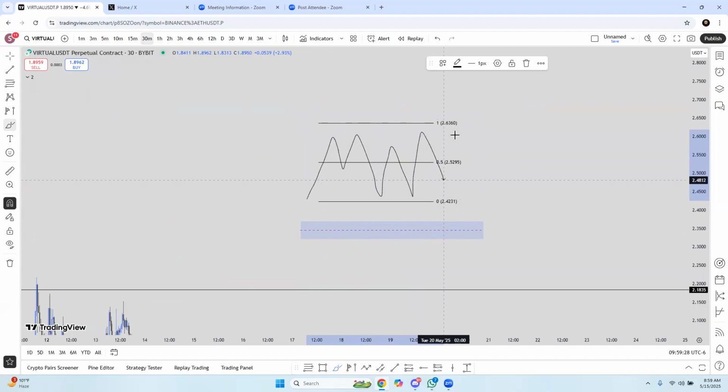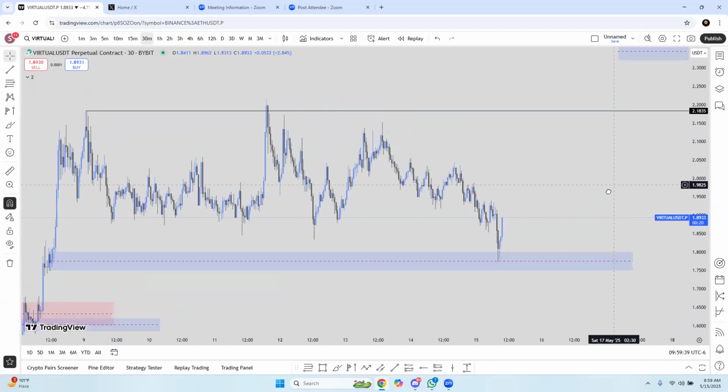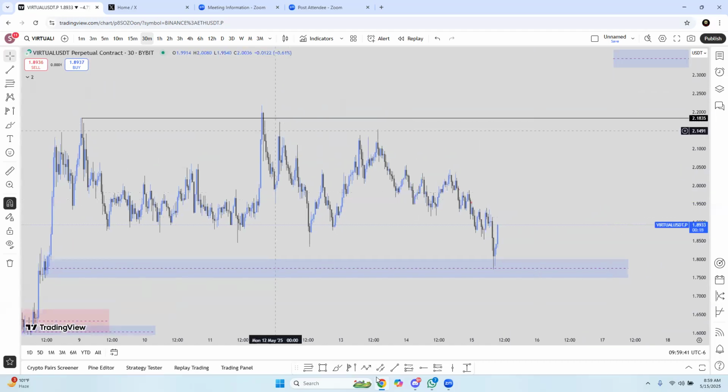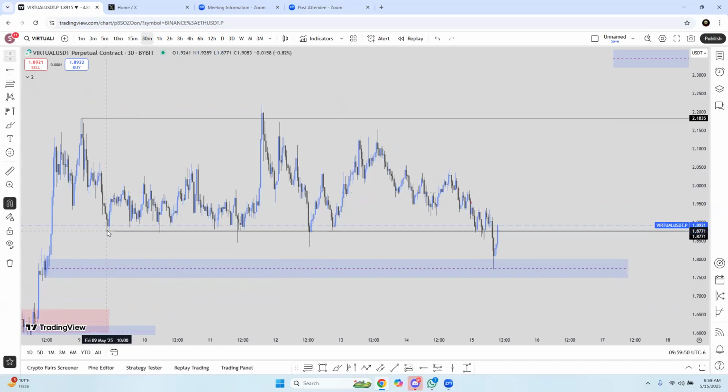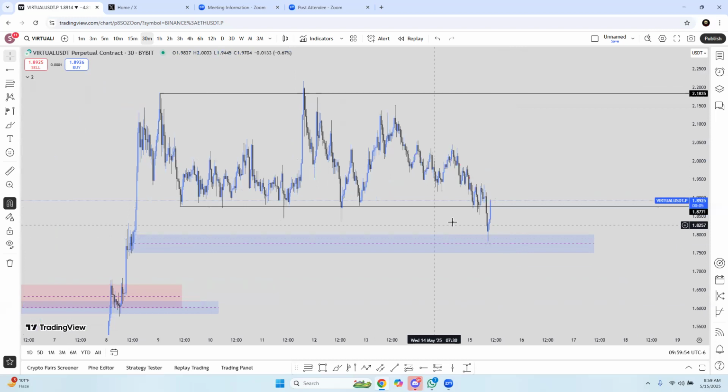So what happened here? Price came to demand, accepted back in range, and then started moving up. Here is a range high, and this is your range low acceptance.